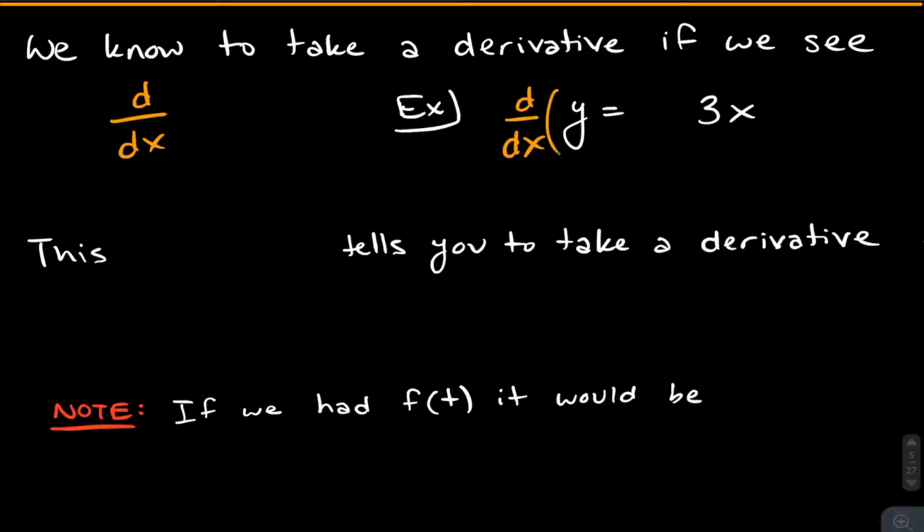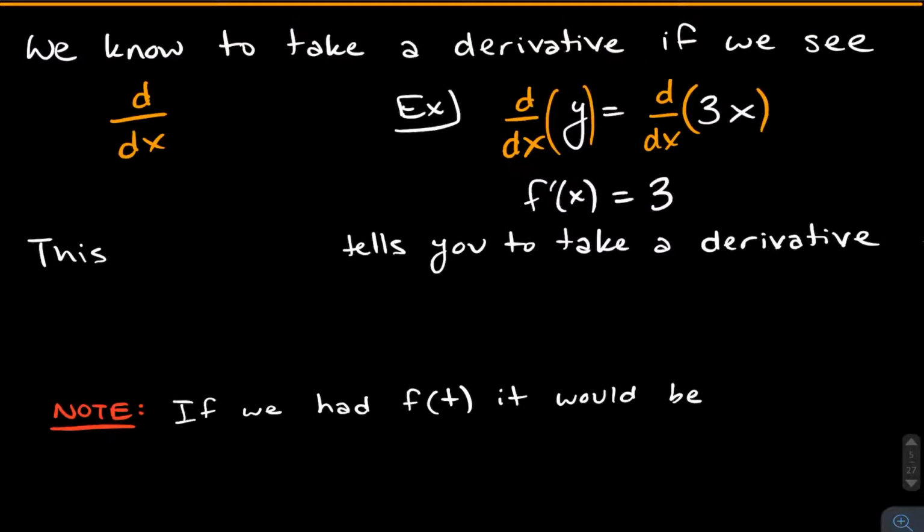So we take the derivative of y, we take the derivative of 3x, and from that you'll get, and we talked about y equals 3x already today, y prime equals 3. And how I'll more refer to it is as f prime of x. That's the notation that I like the most. I don't really like the y prime stuff.